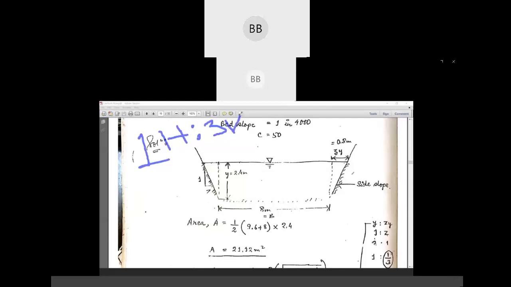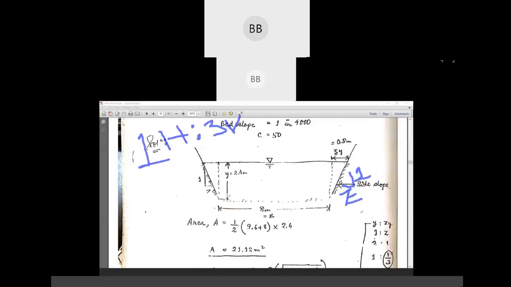So now this is your one, and this is your z. Okay, definitely that z is horizontal and one is your vertical.